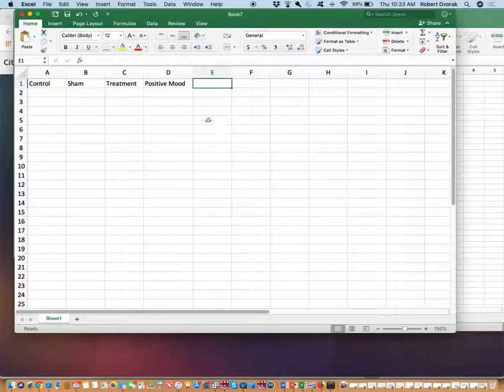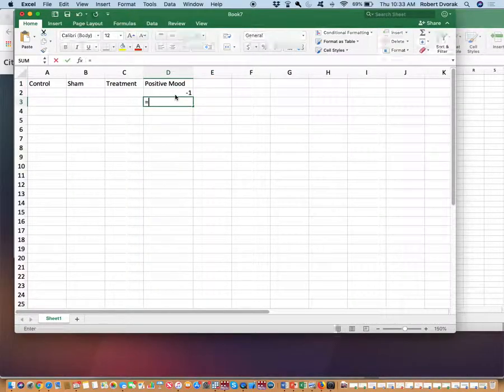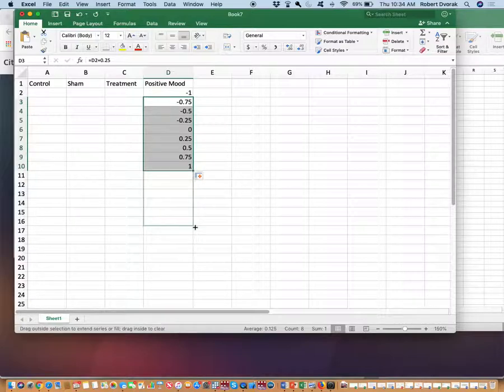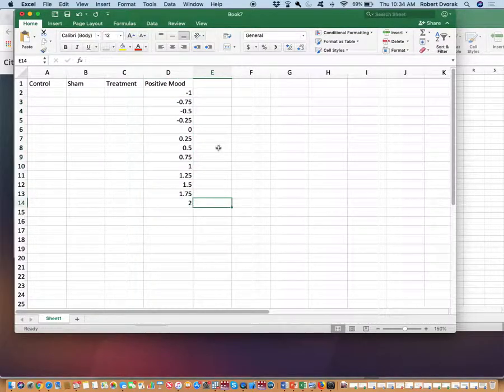Okay, so let's go -1 to 2. -1 equals this plus 0.25, and then just drag this down a little bit. Okay, does that make sense how I did that?